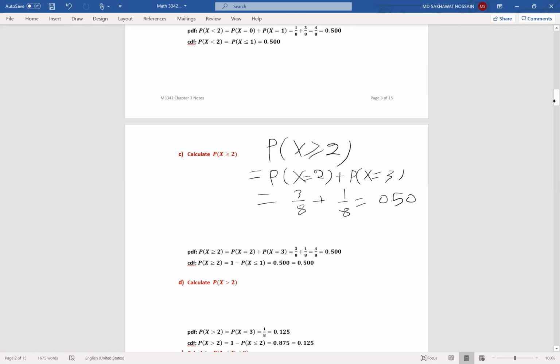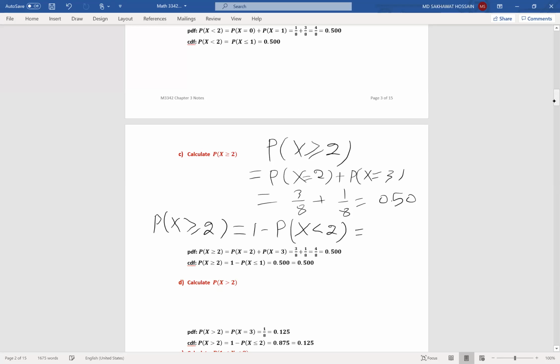Okay, so now you can also use the CDF function for this one. But for the CDF function, we know the CDF is always less than or equal to, and here we have probability greater than or equal to. So we cannot directly use the CDF function for this one. First you have to write this as a complement: 1 minus probability of x less than 2, because the complement of x greater than or equal to 2 is x less than 2, the opposite of x greater than or equal to 2.